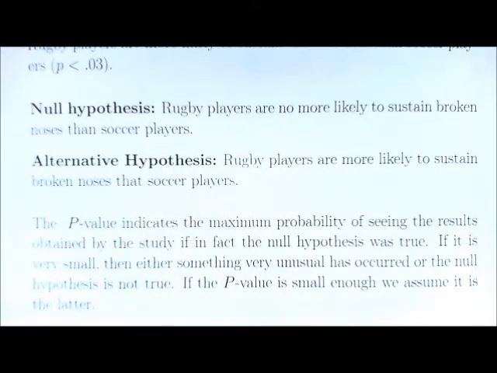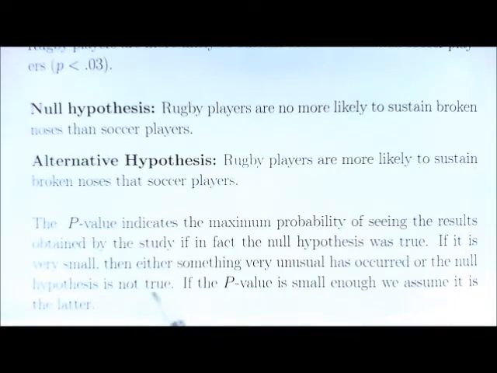Now again, that's a fairly technical and somewhat difficult thing to understand, so we're going to go to a less formal interpretation here in just a moment. But let me finish with the fact that that 3% gives us the likelihood of seeing the kind of data we did if in fact rugby players are no more likely to sustain broken noses.